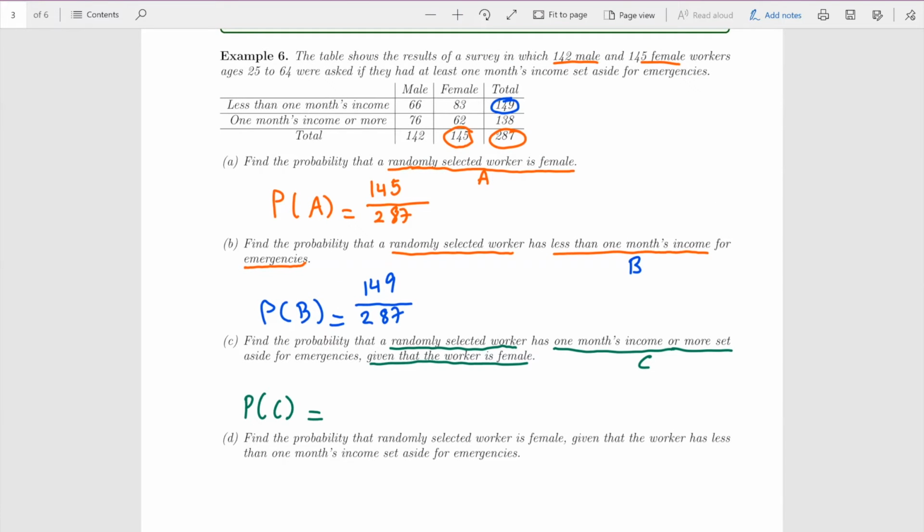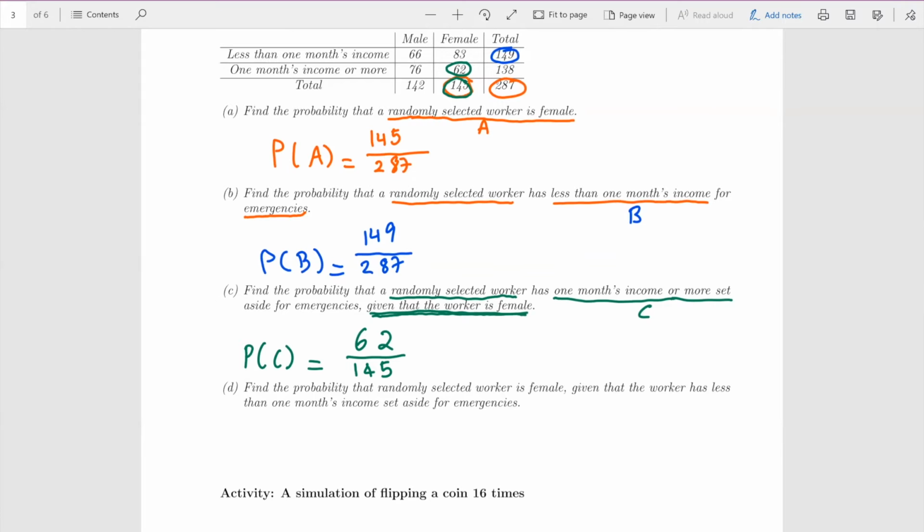But now you're not looking at the whole entire population. You're not looking at all the responses. You're just looking at the responses from females. So that means I would take 1 month's income, 62, and then I divide it by the total number of responses from females, which is 145.